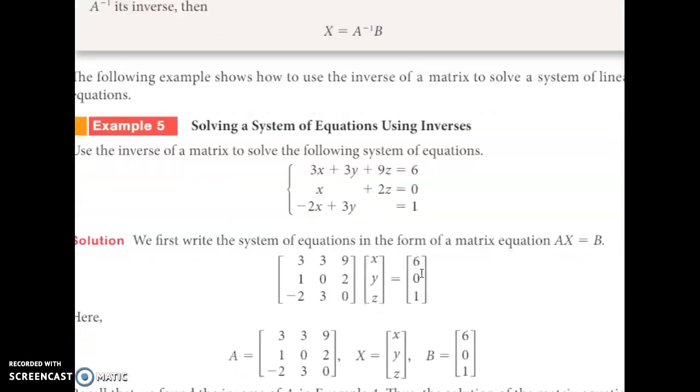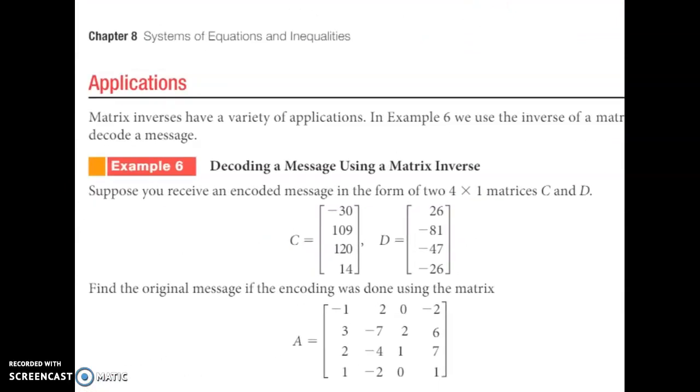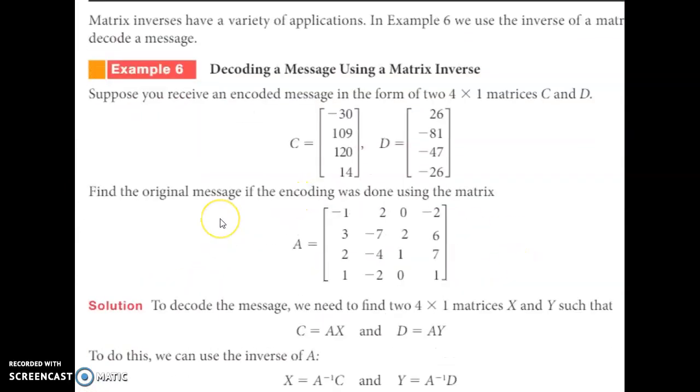And then towards the end, I really like this last example here, which you will also find on the study sheet for the exam. Here it says, suppose you receive an encoded message in the form of these two 4 by 1 matrices, -30, 26, 109, -81, and so on.